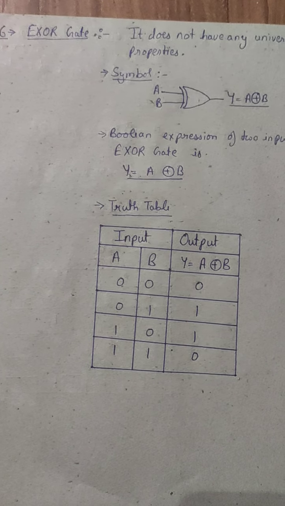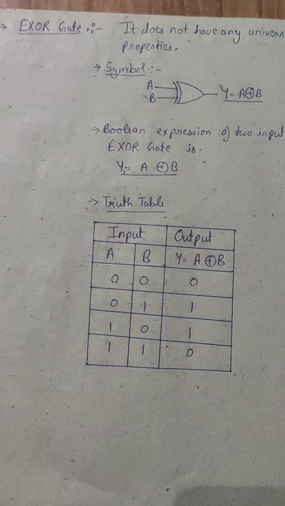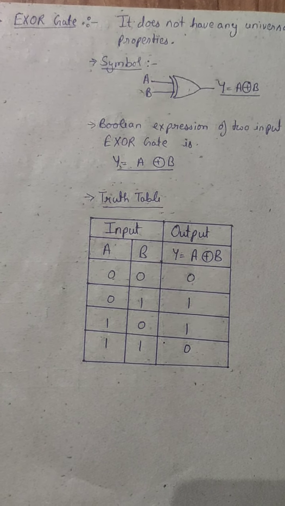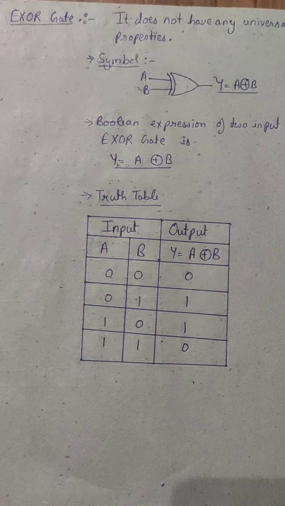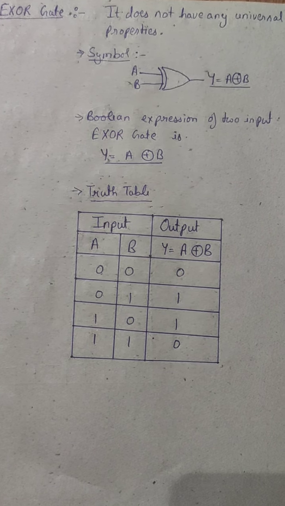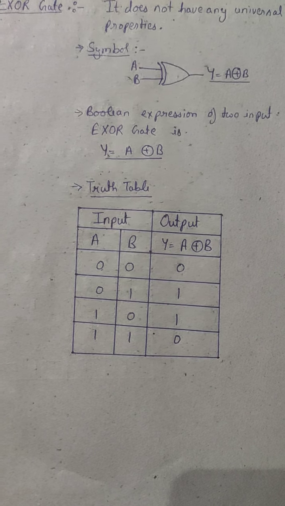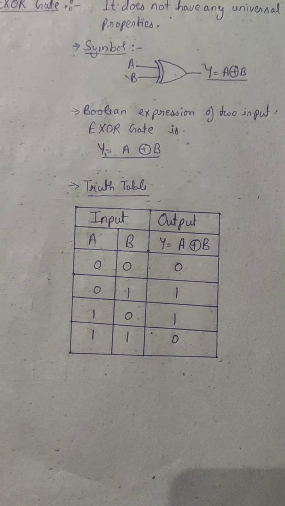Next is the XOR gate. This is also known as the exclusive OR operation gate. It is widely used in digital circuits. It does not have any universal properties, meaning it is not implementing any of the three basic gates, that is AND, OR or NOT.